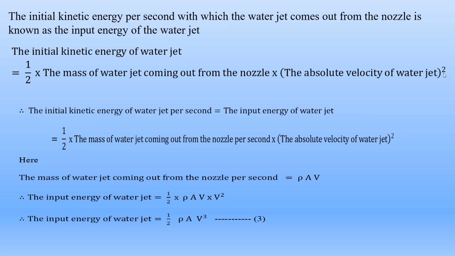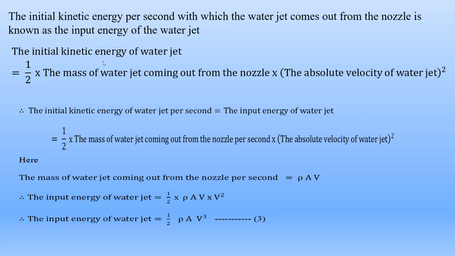Now divide this equation on both sides with the time. Then the left hand side is the initial kinetic energy of water jet divided by time, that is called the initial kinetic energy of the water jet per second. So catch this carefully.